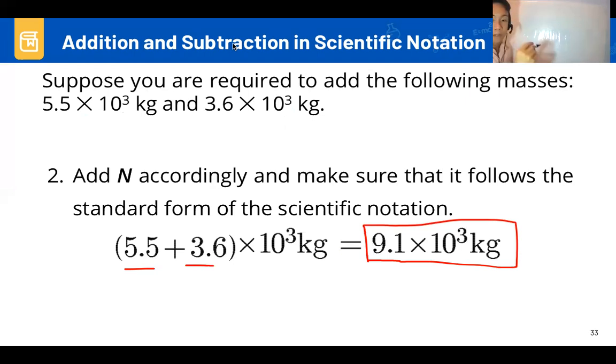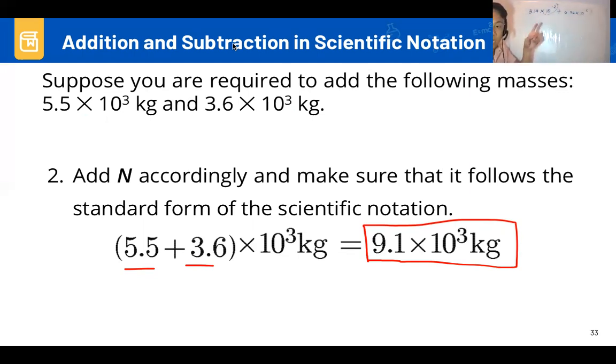Another example here on the board. For example, we have here 3.14 times 10 raised to negative 2 plus 6.26 multiplied by 10 raised to negative 2. Our base and exponents are the same, so it's easy.